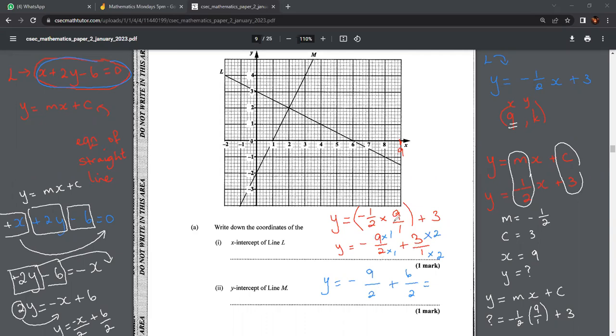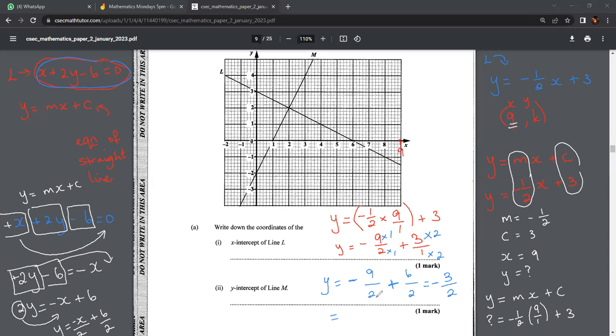Now that my denominators are the same, I could just subtract or add my numerators depending on what we do. Now I have 2 different signs. The rule is once you have 2 different signs, you subtract like normal. 9 take away 6 is 3, but you have to keep the sign of the bigger number. 9 is bigger than 6, so it's going to be -3/2.